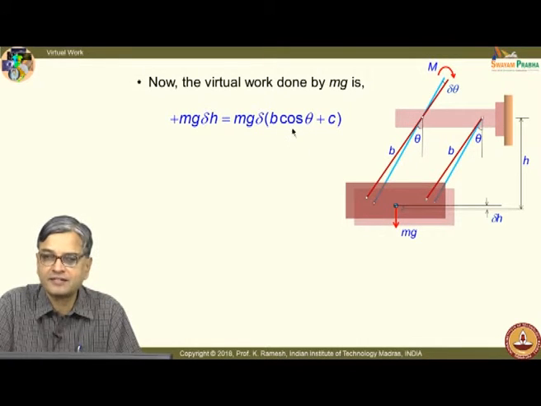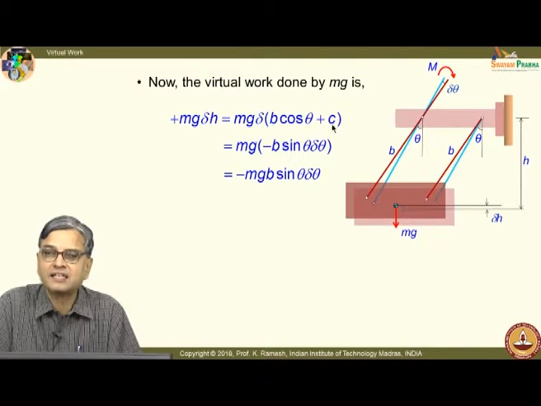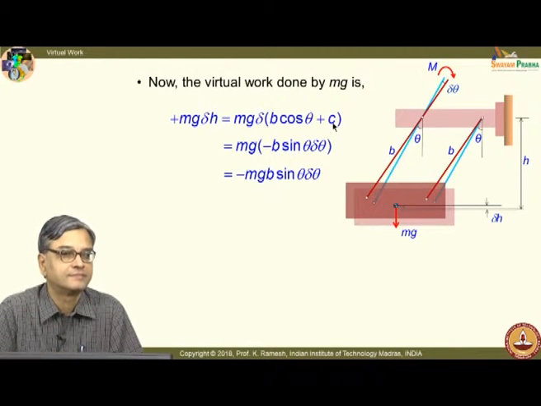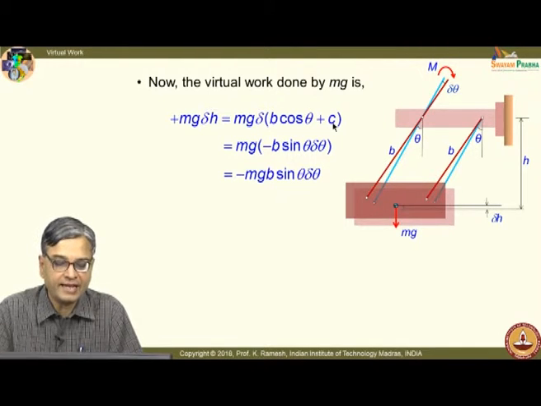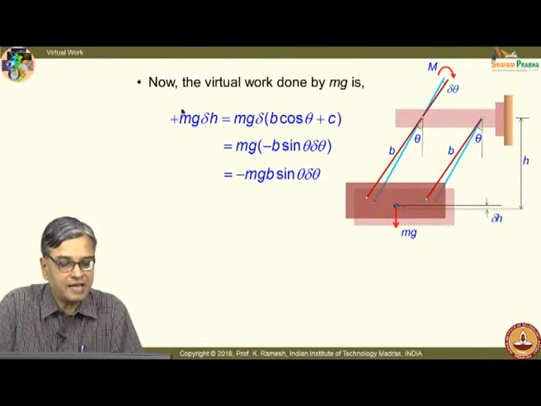When I differentiate cos theta, what happens? I also have another important aspect, that I also get a minus sign. So, I get minus b sin theta delta theta, and c is a constant and it goes to 0. So, I get this work done by the mass m, which is the actual mg as the force, into delta h.